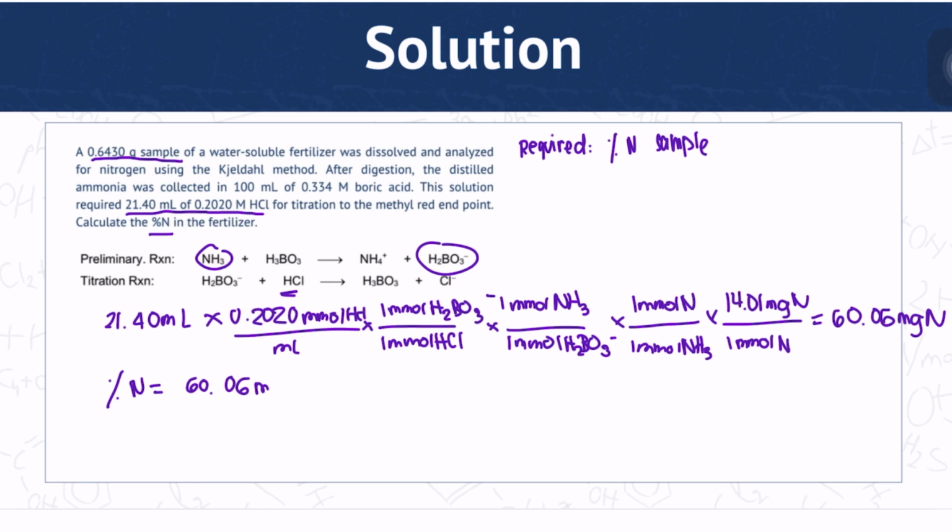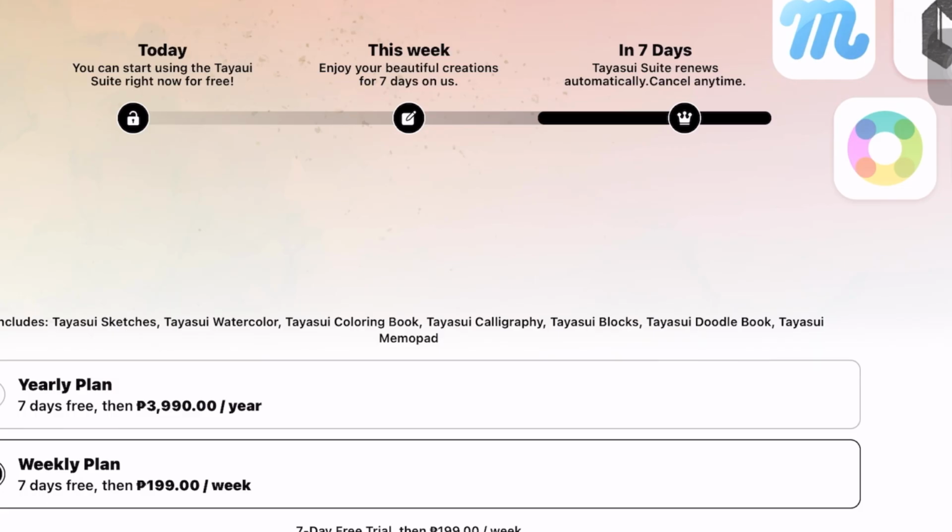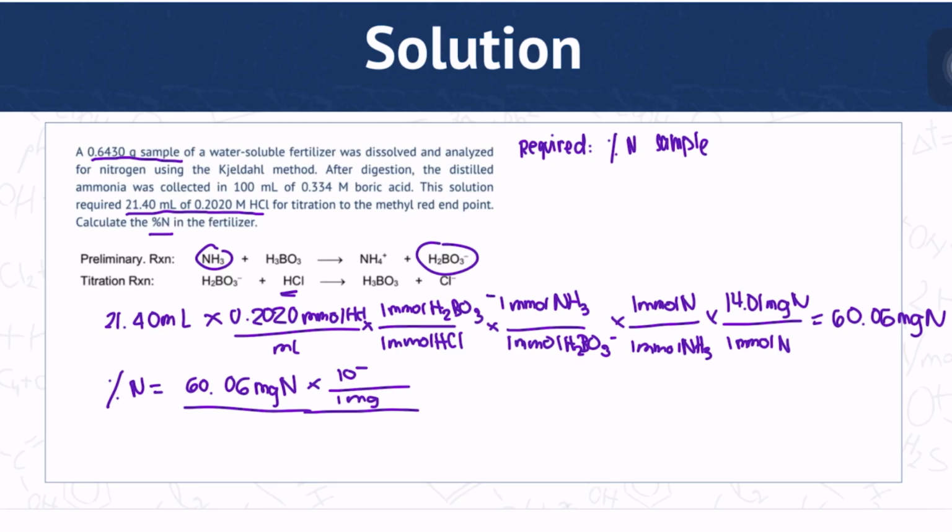60.06 milligram of nitrogen times, we convert this to gram. Normally you can just do this directly, but 1 milligram is equal to 10 raised to negative 3 gram.